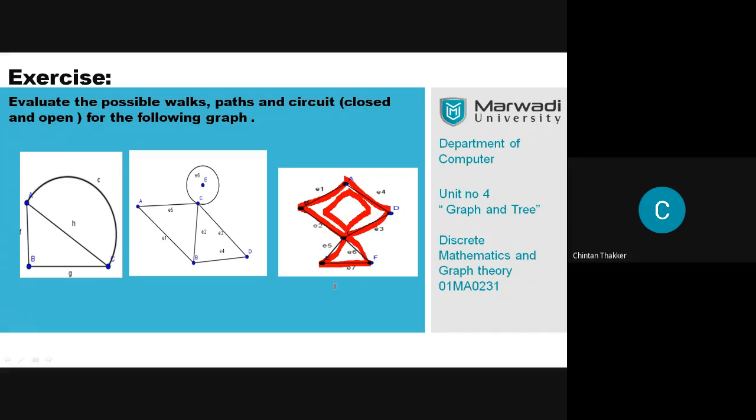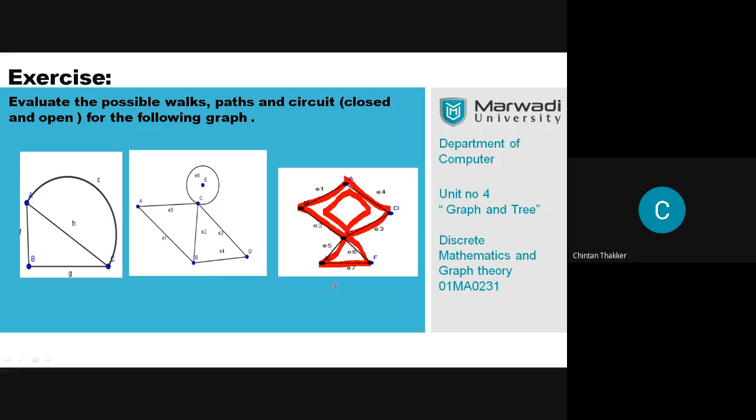So I think now everything is clear with walk, path and circuit. A walk means an alternating sequence of vertices and edges, starting with a vertex and ending with a vertex. In a walk, if vertices are not repeated, then that walk is called a path.